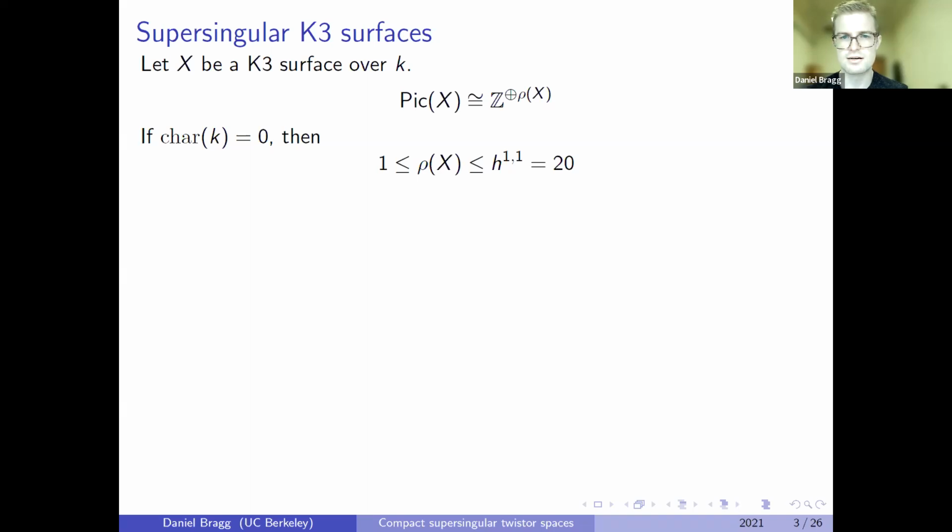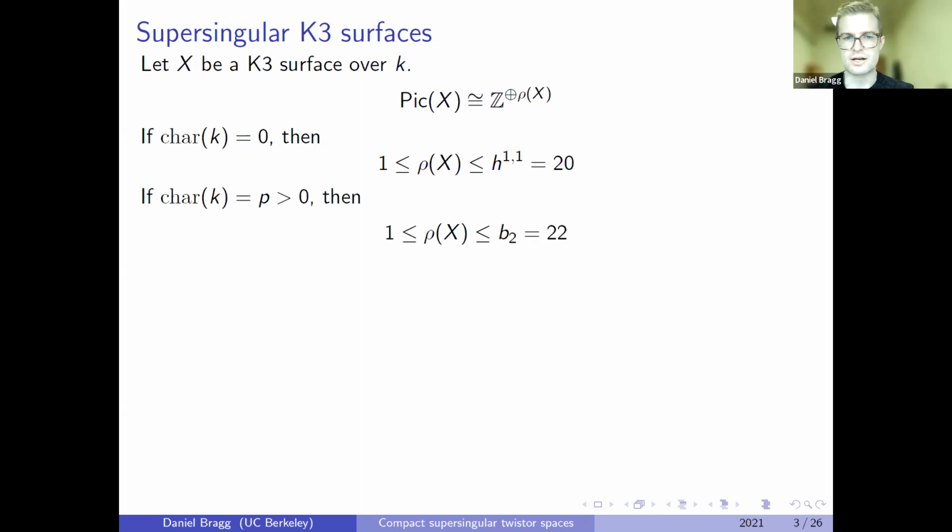If the characteristic is 0, then the Picard number is less than or equal to h^{1,1}, which is 20, like I said in the last slide. So the biggest it can be is 20. K3 surfaces with Picard number 20 are sometimes called singular, I think in the sense of particularly interesting, not in the sense of non-smooth. These are all smooth.